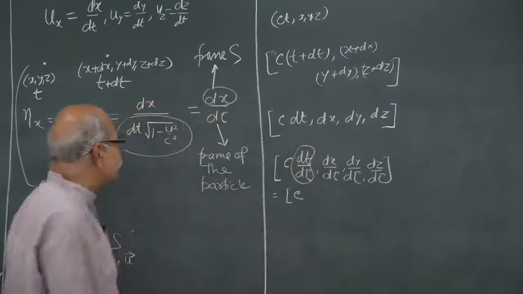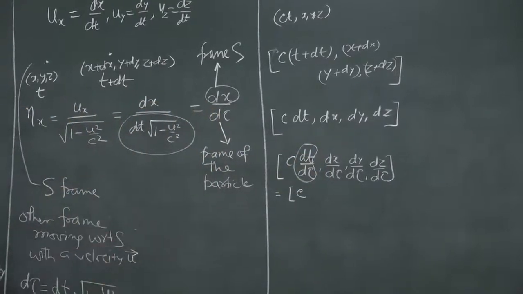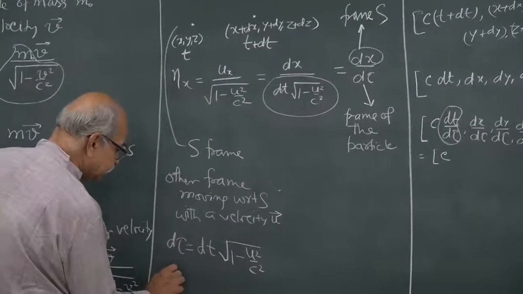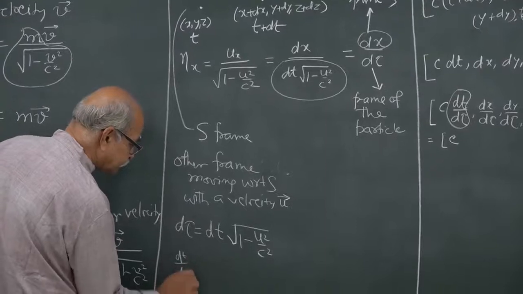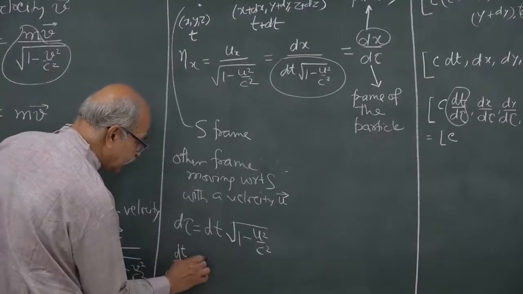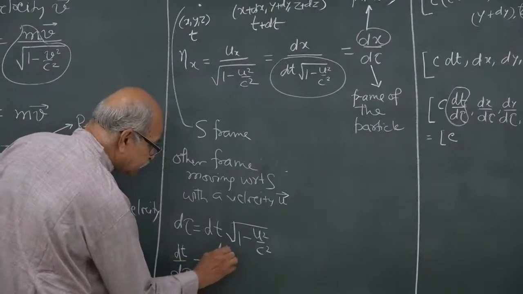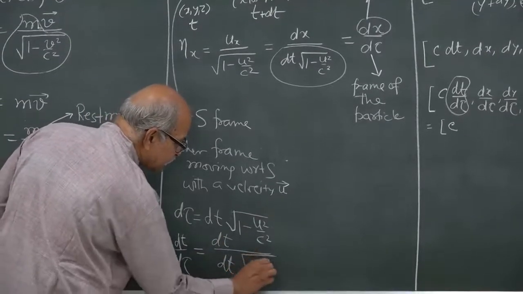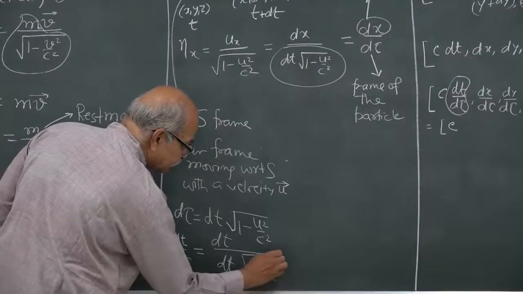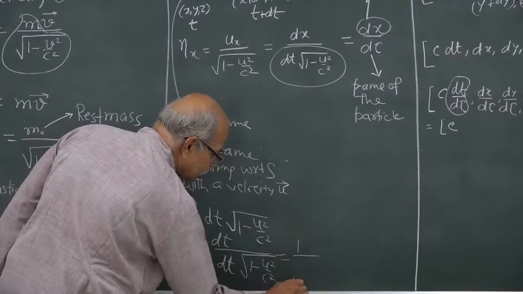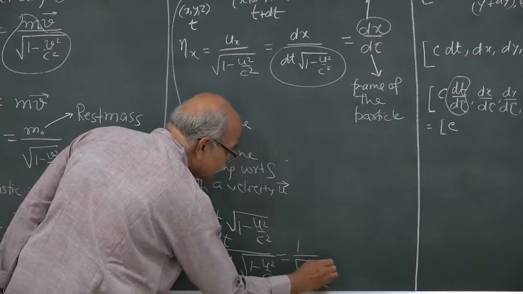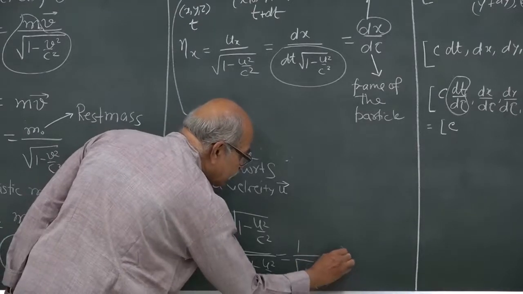What is dt by d tau? Dt by d tau is 1 by square root of 1 minus u square by c square, which you can write as gamma u.